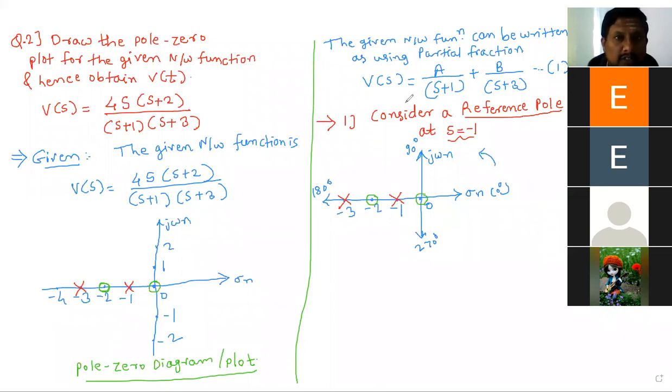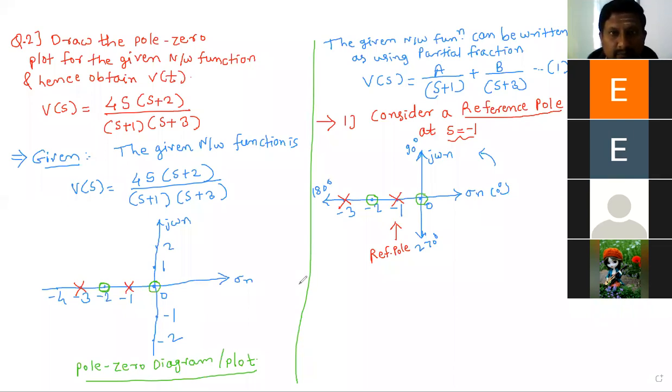Now you have to consider the reference pole at s is equal to minus 1. So you can mention that here: this is the reference pole at s is equal to minus 1. So I will write the equation here. A is equal to h into, don't forget h into.